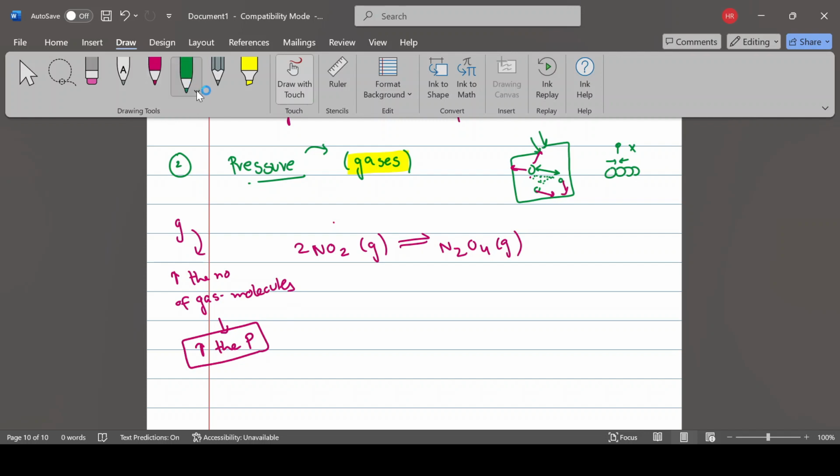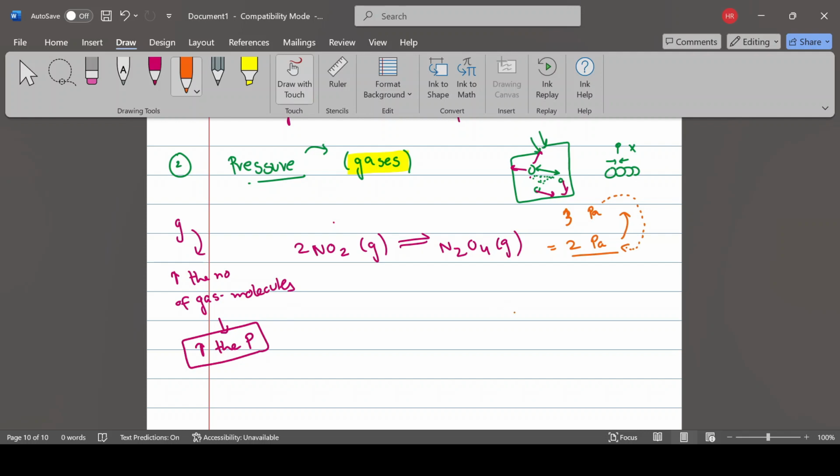Now let's say this equilibrium in this particular reaction is achieved at 2 pascals. What you do is, first you increase the pressure to 3 pascals. When you increase the pressure to 3 pascals, it will try to oppose the change and achieve the 2 pascals pressure again.